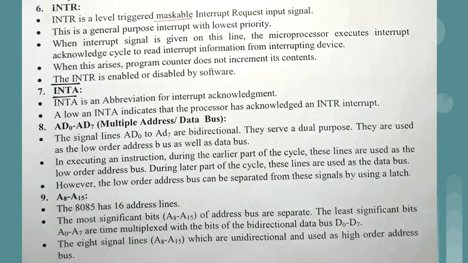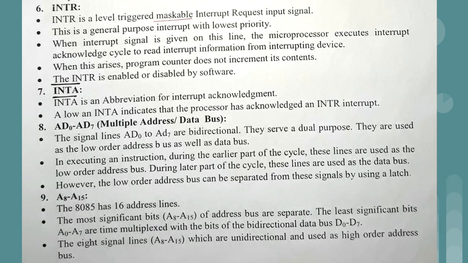The full form is interrupt request. The pin name INTR comes from the interrupt request input signal. This is a general purpose interrupt with the lowest priority. We have the highest priority for TRAP and the lowest priority for INTR.